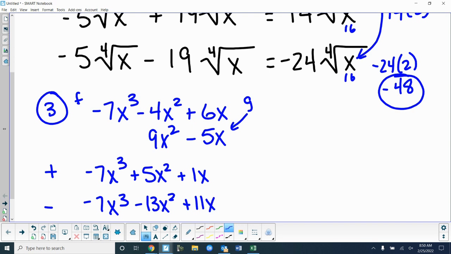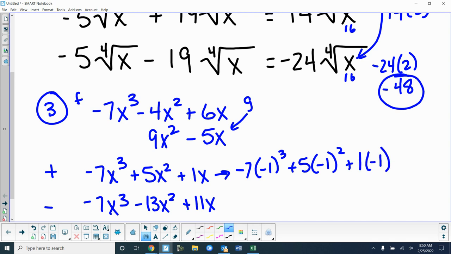So then you're supposed to use negative 1, I believe it was, for x. So we'll go negative 7, negative 1 cubed, plus 5 times negative 1 squared, plus 1 times negative 1. And this one's negative 7 times negative 1 cubed, minus 13 times negative 1, plus 11 times negative 1.